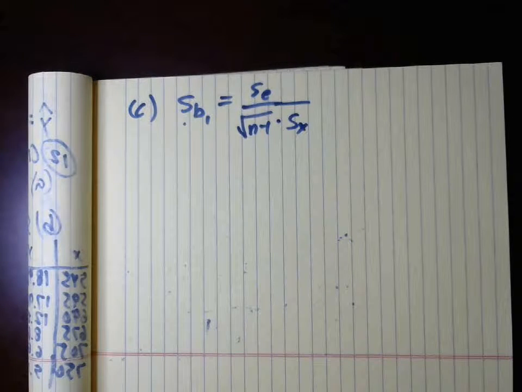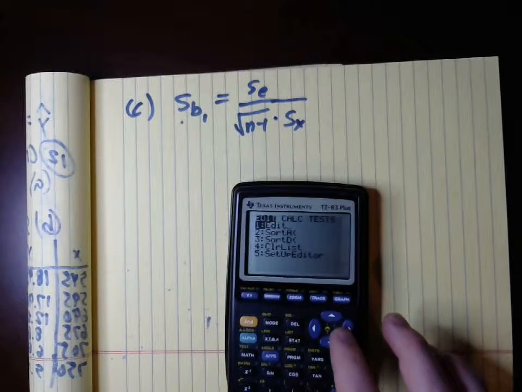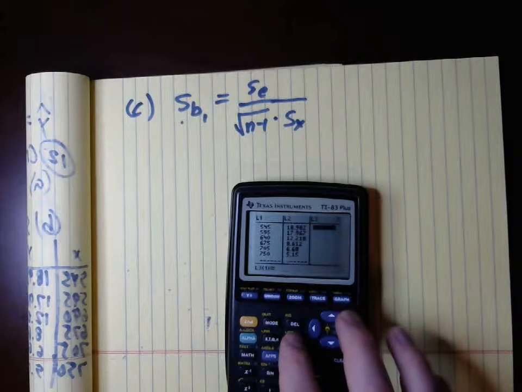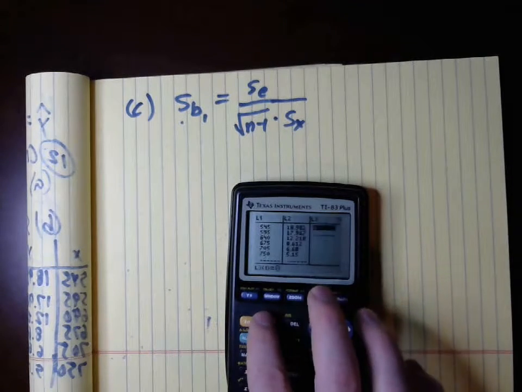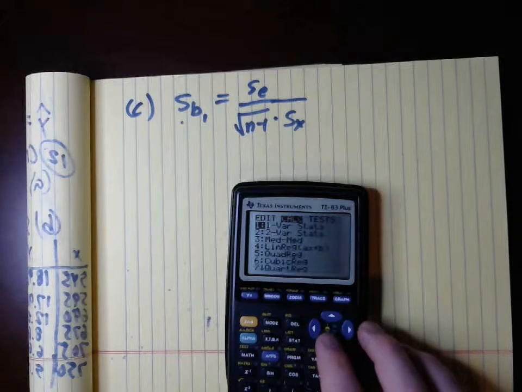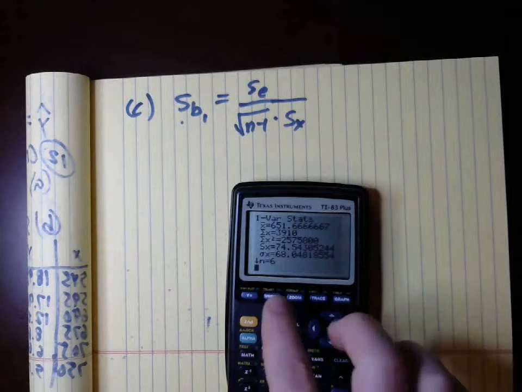And the standard deviation of our x values is quite simply just find the standard deviation of x. So let's go ahead and do that. And how we can do that is we just take our x values. Notice our x values are in L1. So we just want to do stat, calc, 1-var stats on L1, and so that would be S sub x.